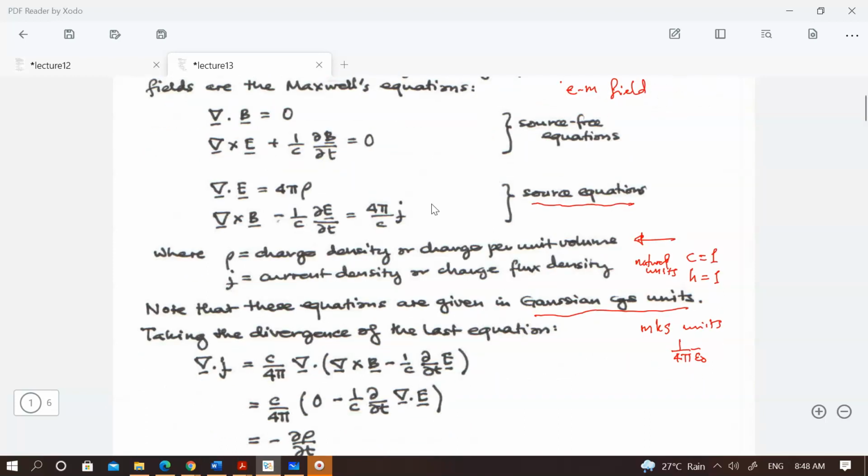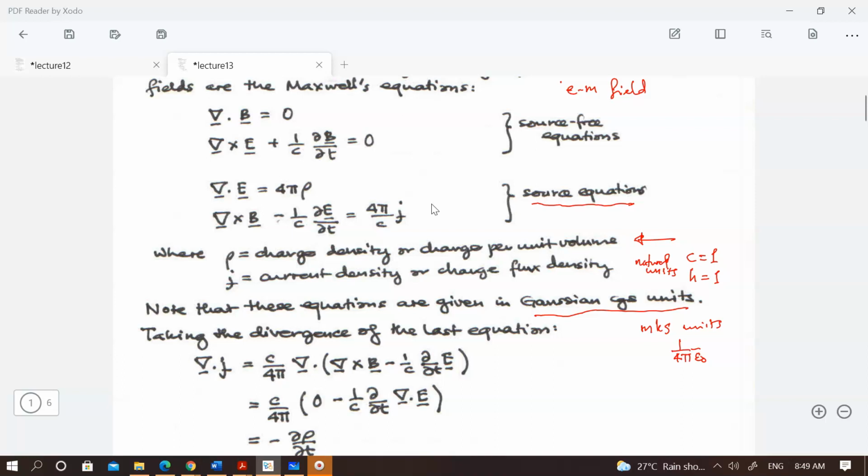Now the most important thing about all these four equations, the source-free equations and the source equations, is that your electric field and magnetic field are essentially coupled together. That already indicates that there must be a better way of describing these fields in a more unified form.